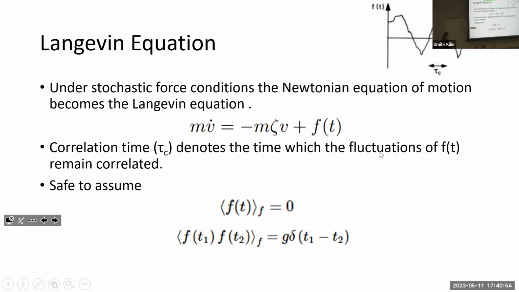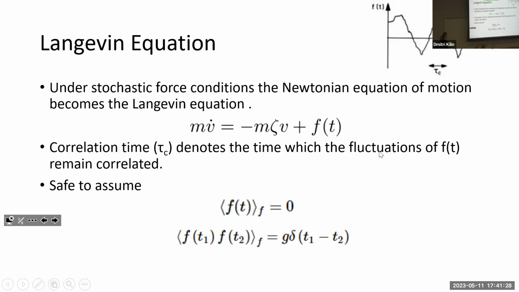This is the very generalized version of this equation. It's pretty much the beginning equation, but depending on how you swap things out, it will give you different end equations. In that process of switching it to get it relative to your specific case, you come up with this correlation time, tau c, which denotes the time in which the fluctuations of Ft remain correlated.